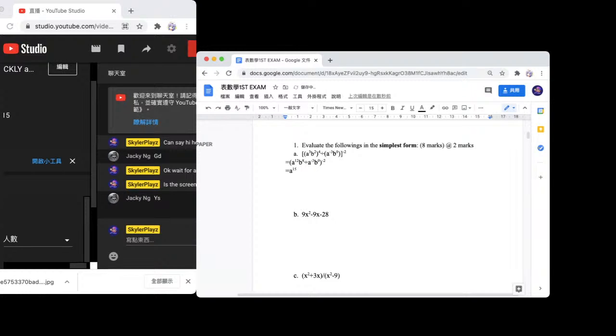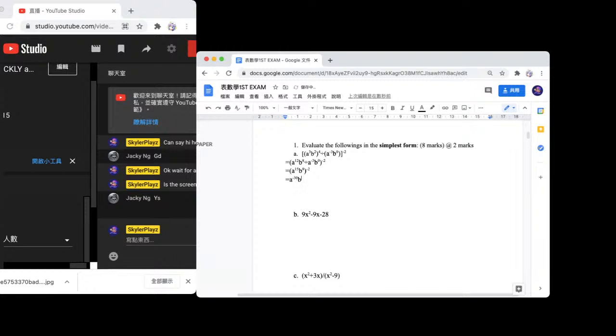For b, b to the power of 0 is only 1, so we don't need to do anything. Just copy down b to the power of 8. And then a bracket, all of these things to the power of -2. In the next bracket, we can answer this question already. 15 times -2 is equal to -30, and b to the power of 8 times -2 equals -16.